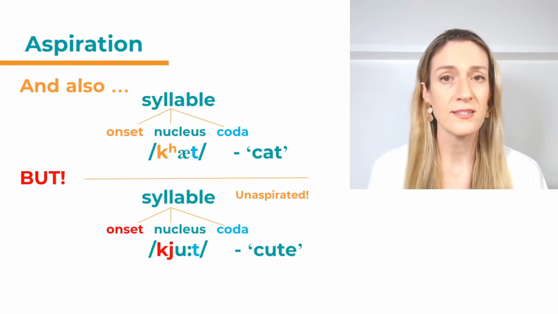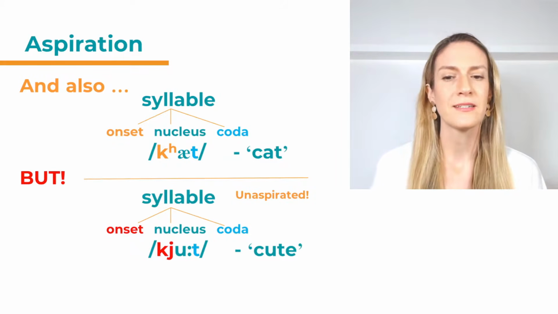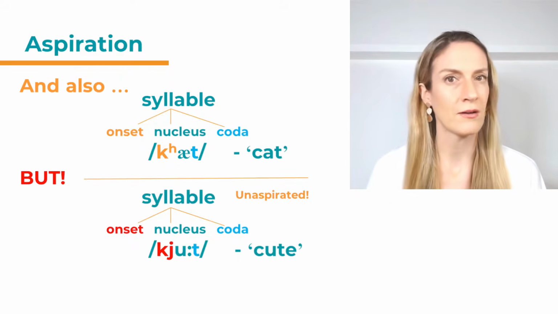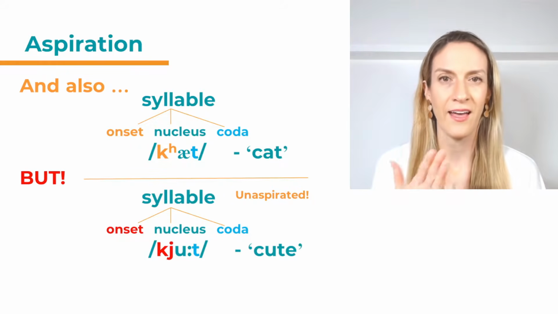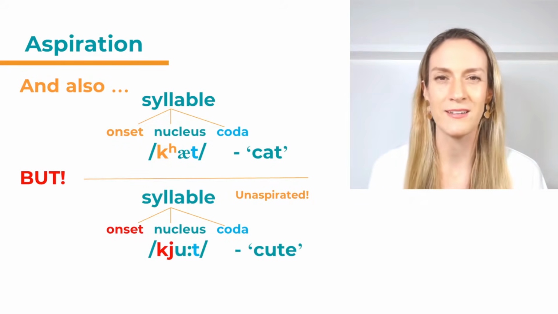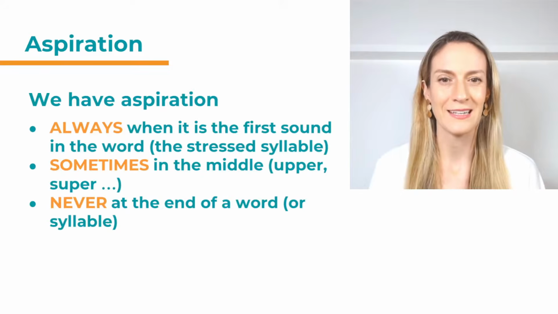It's often stressed because it's an adjective, but cute is k, y in the onset. Cute, cute. It's very obvious. This one is not aspirated, but cat, cat, k, k. Yeah, aspirated very clearly. Cat is aspirated, but cute isn't.